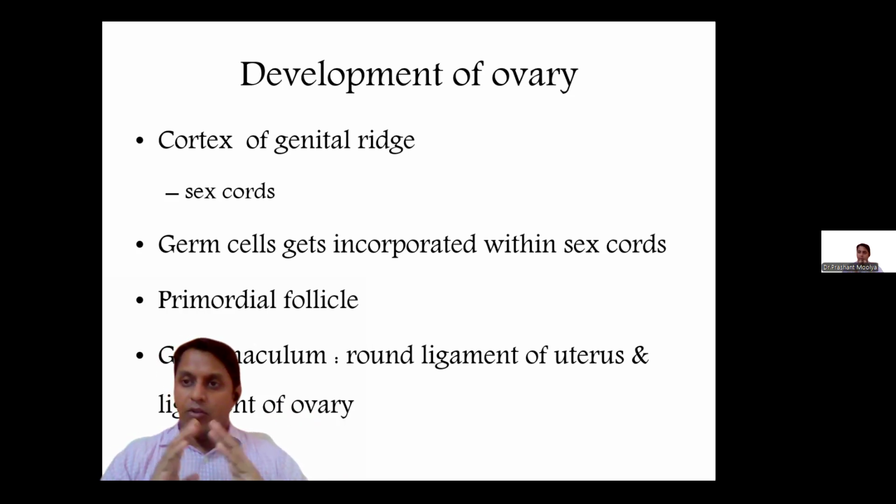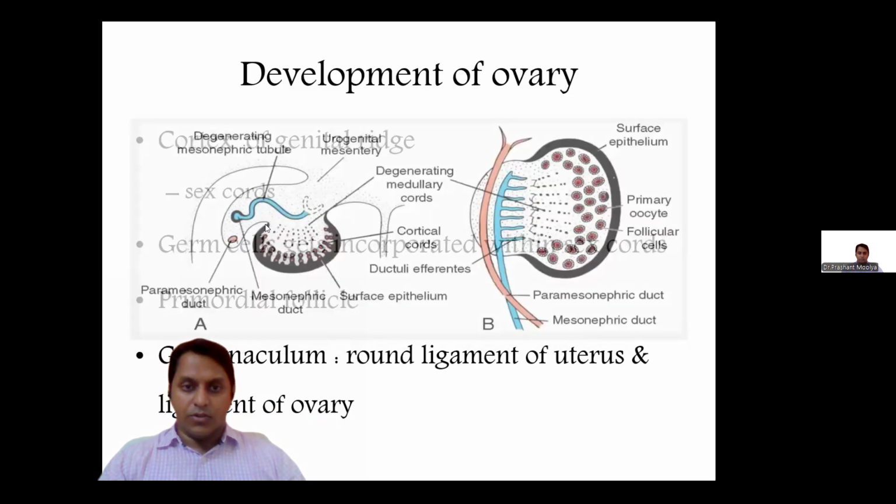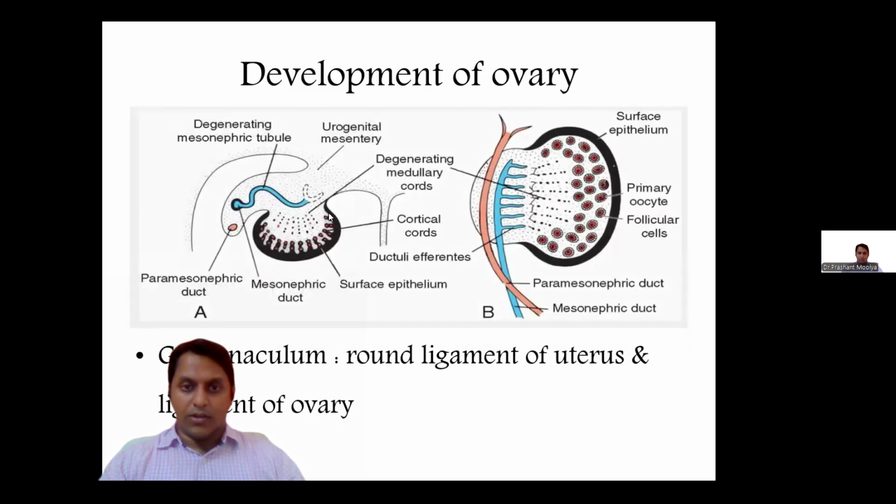So the coelomic epithelium of the genital ridge now differentiates in the cortex of the genital ridge to form the sex cords. Now these sex cords, which are formed in the cortex, get fragmented into multiple cords and get incorporated with germ cells. So here you can see the multiple follicles are formed.